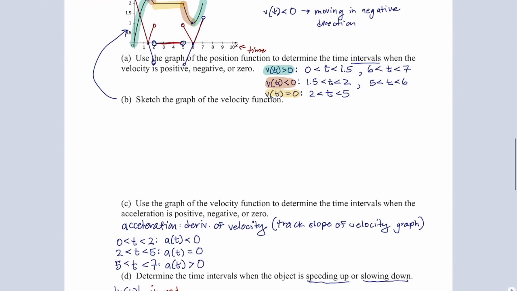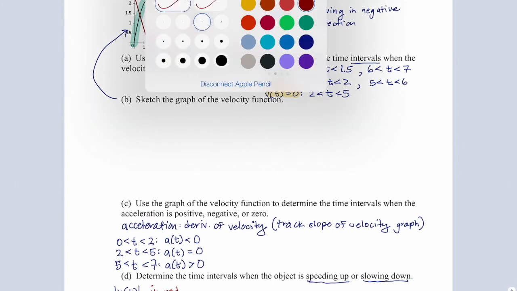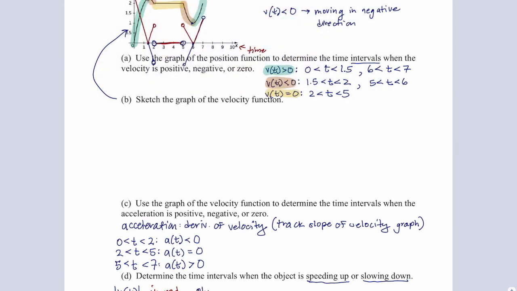And what we can see then is that the object is slowing down between 0 and 1.5 seconds. Oh, I keep saying seconds, but there weren't really units given on the time here, but for t between 0 and 1.5, and also for t between 5 and 6.